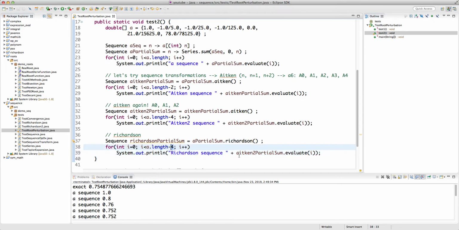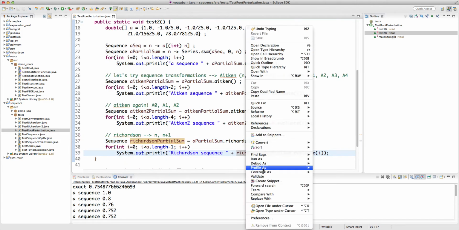And Richardson uses n plus 1. So the first order Richardson uses n and n plus 1. So we go to A dot length minus 1. Richardson partial sum, evaluate.